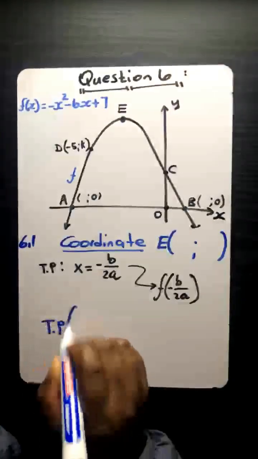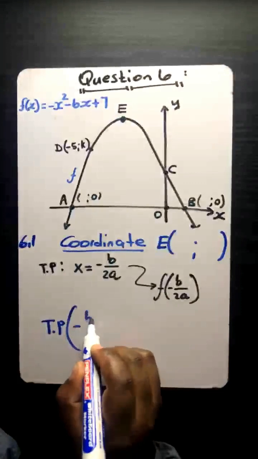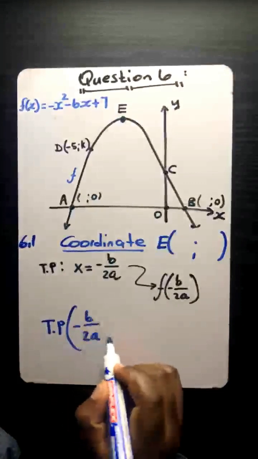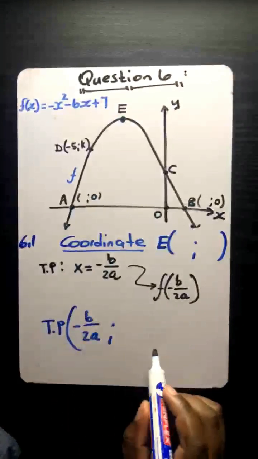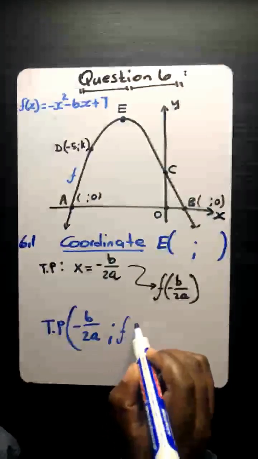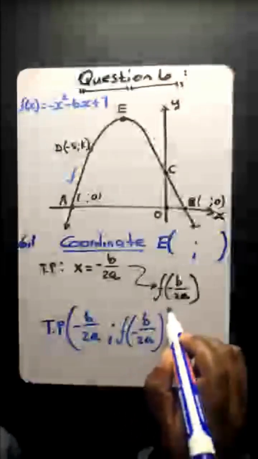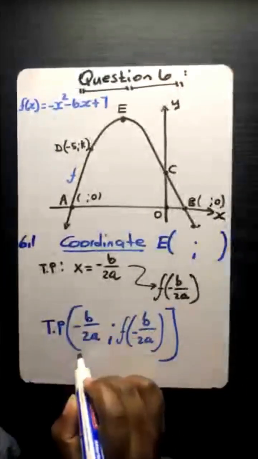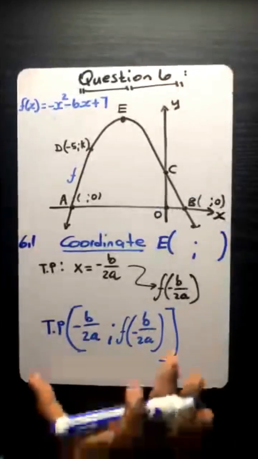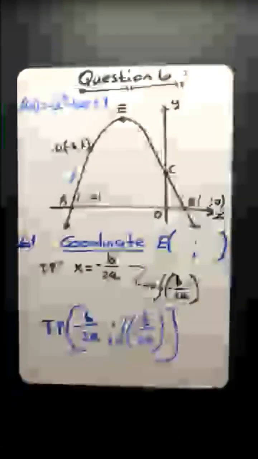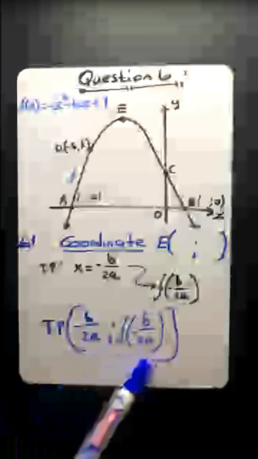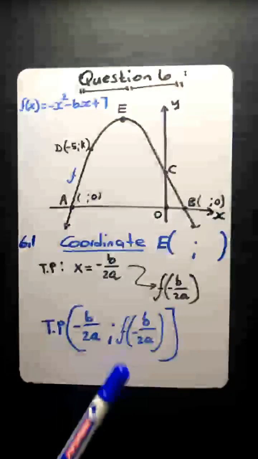This is how you find the X value, by using that formula. And the Y value, you find it by taking that X value and substituting it into the function itself. And that is how you calculate the coordinates of the turning point. You might be seeing this in your textbook and not understand what it means. This is exactly what it means, what I'm explaining.